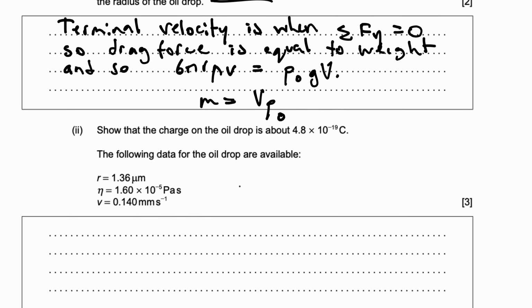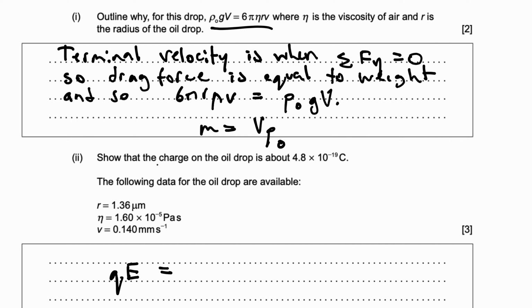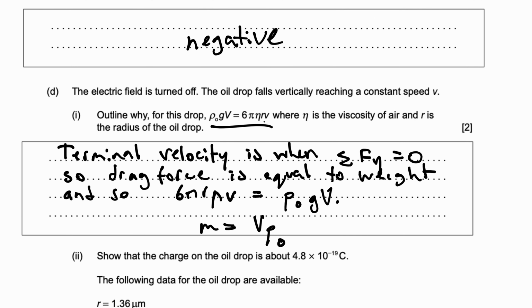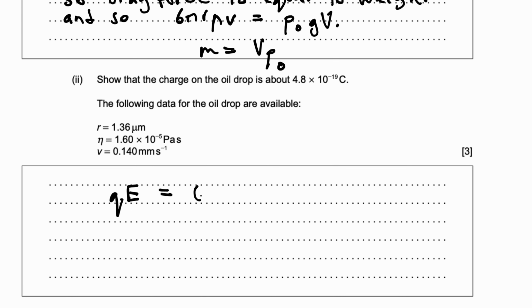I can tell that the charge on this oil drop, QE, is going to be equal to the drag force of this particular oil drop, which is given by 6 pi eta rv.